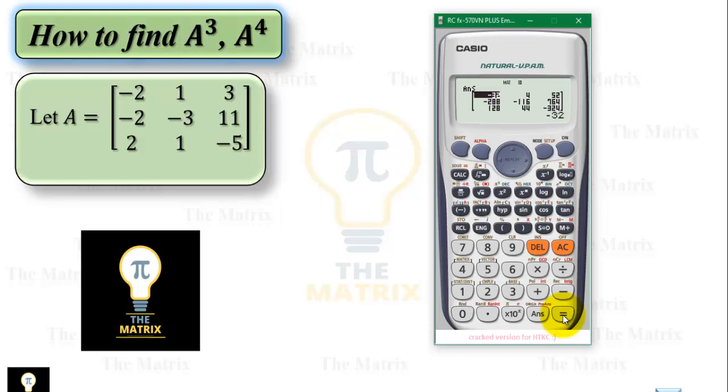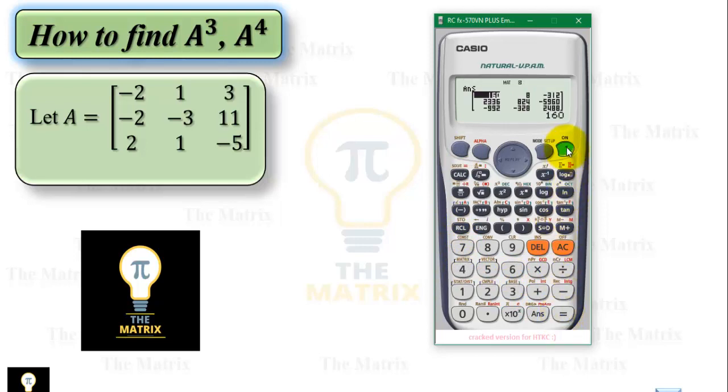On a similar line, you can have Mat A raised to 4, that is Mat A into Mat A four times. Let's go for it. Shift 4 Mat A into shift 4 Mat A into shift 4 Mat A into shift 4 Mat A gives us A raised to 4, like this.